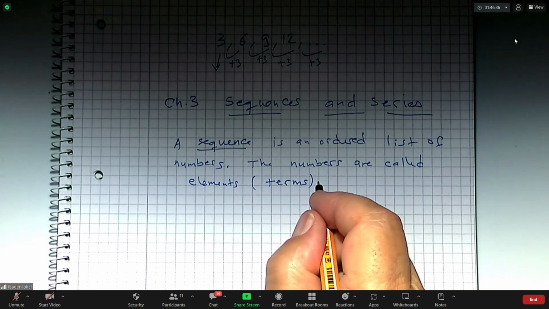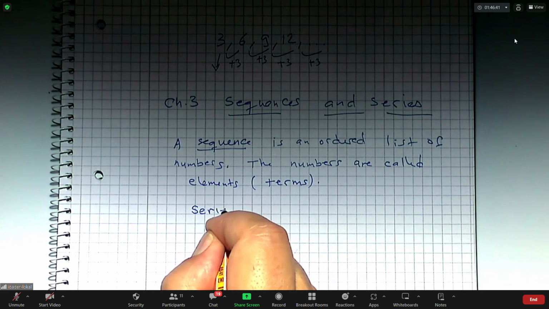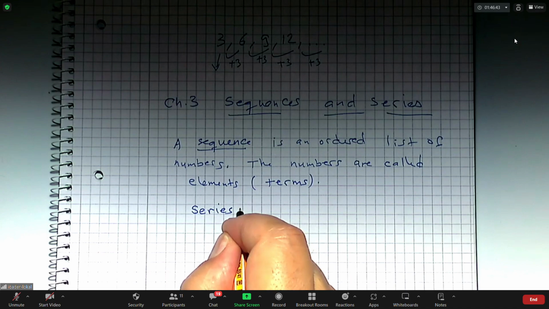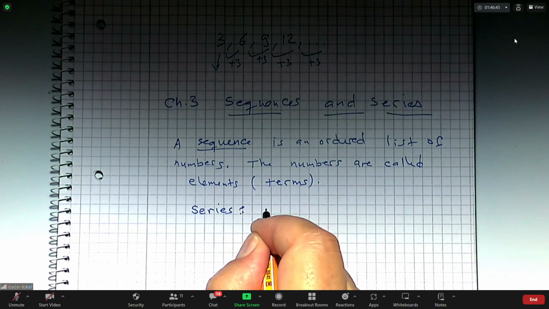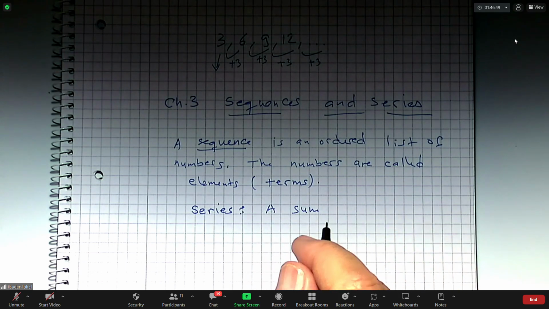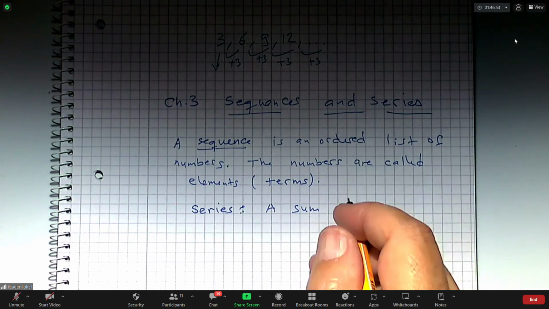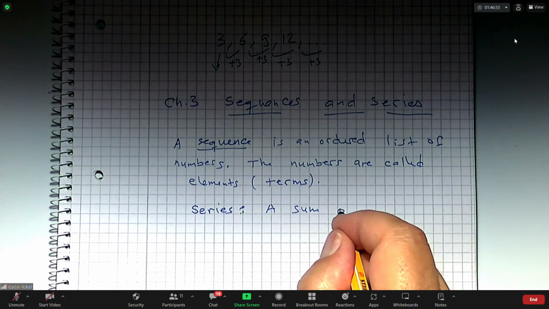Okay, so now what is a series? A series is a sum of a sequence, a sum of elements of a sequence, not necessarily all the sequence.